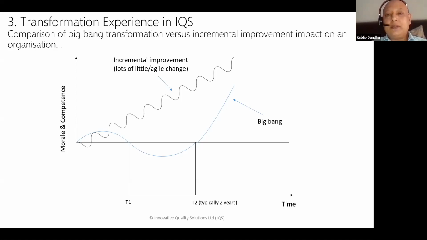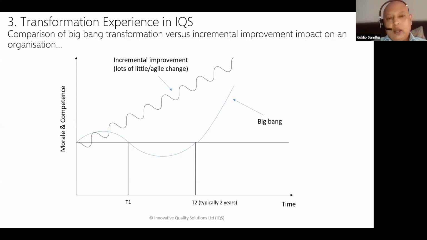What we've learned is the best way to do this is to think about doing it in an incremental improvement way. So bringing in highly visible, highly engaging and risk-free agile change in small chunks. And that's what we've shown in the jagged line there.